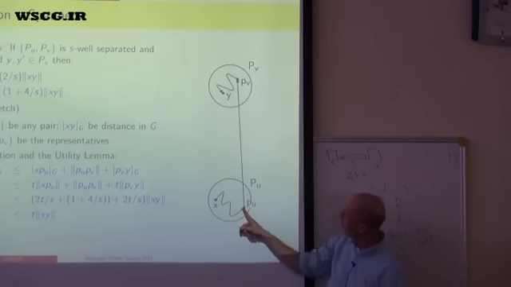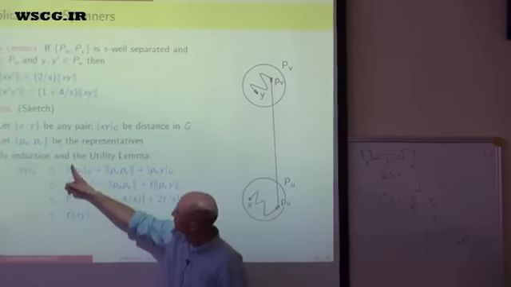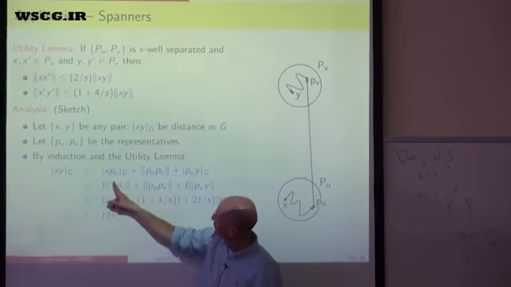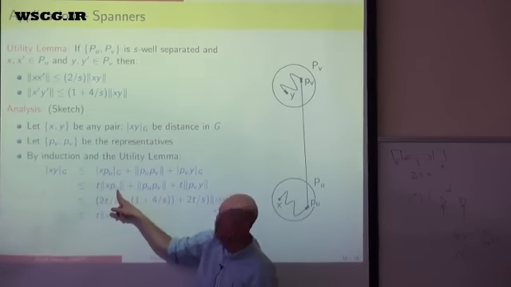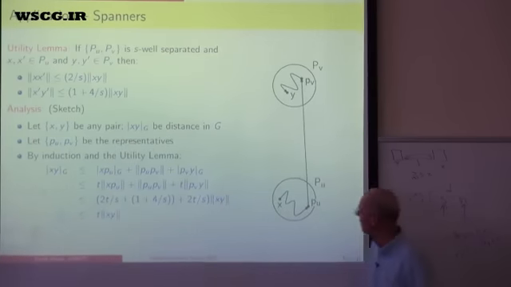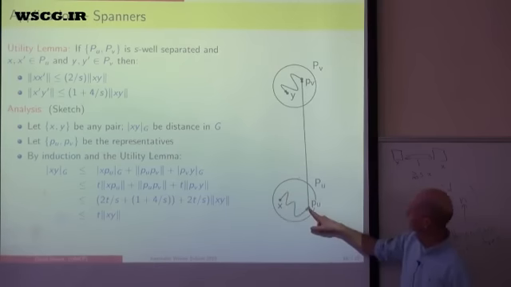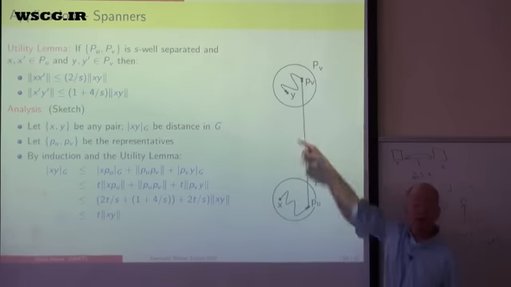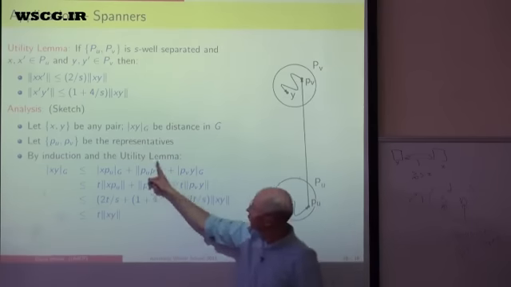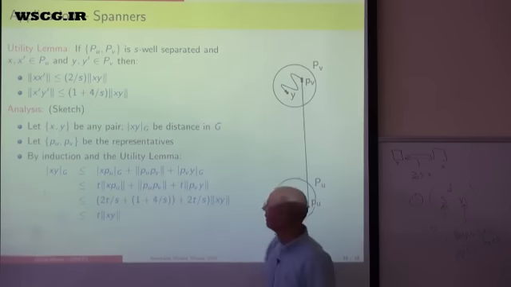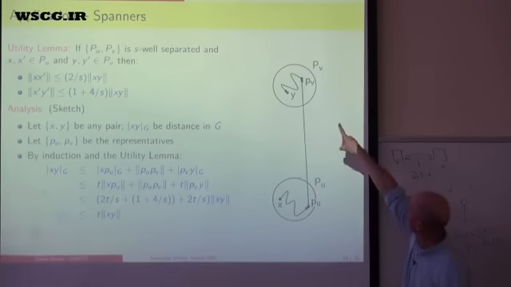There will be some path in here. What I can assume about that path is that the distance between x and pu in the graph is at most t times the Euclidean distance between these guys. Once I get from x to pu, remember in my construction I connect these 2 points by an edge in my graph, so the next step will be of length pu, pv. Then once I get to pv, I follow that path to y.